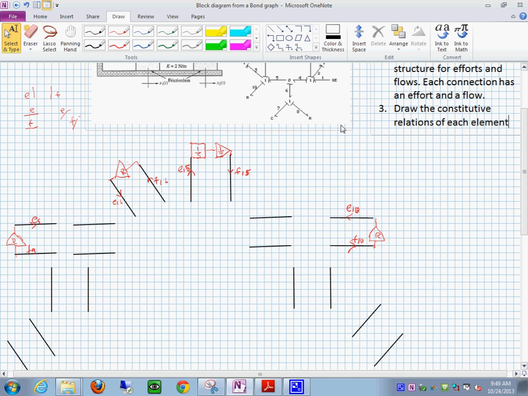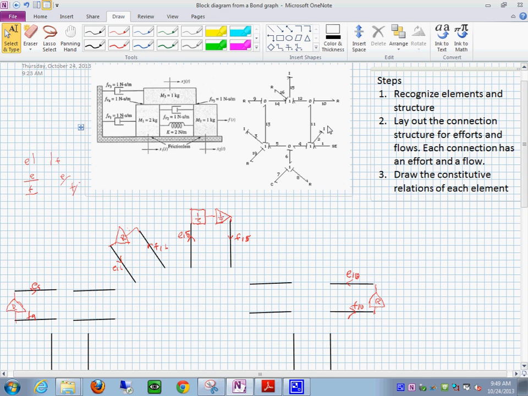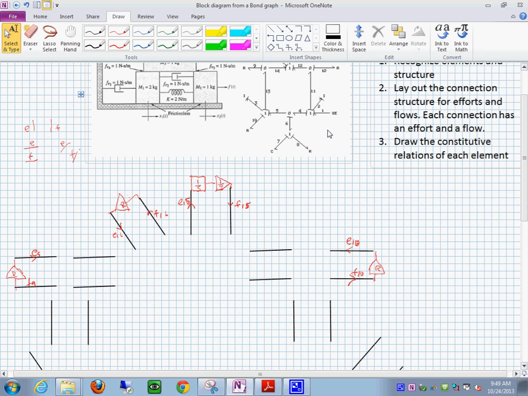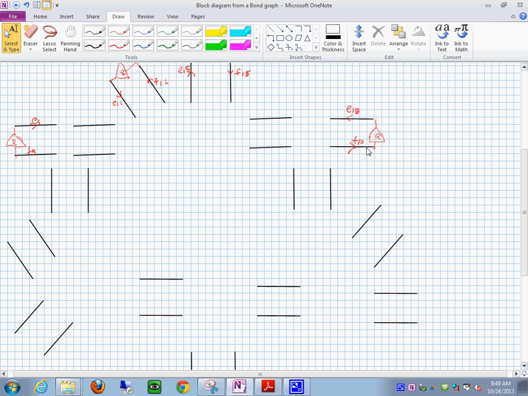So let's see. So what number is that? 2, right? So the flow is the output. So in this case you have that f sub 2 is like this, that e sub 2 is like this. And how does this happen? I think the first thing, well, let's see, how do we draw it here?